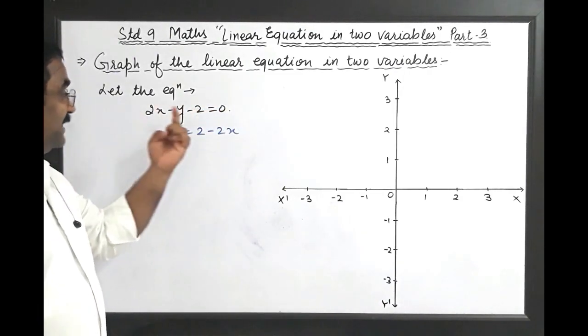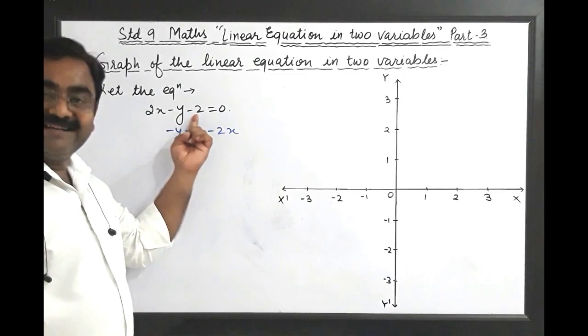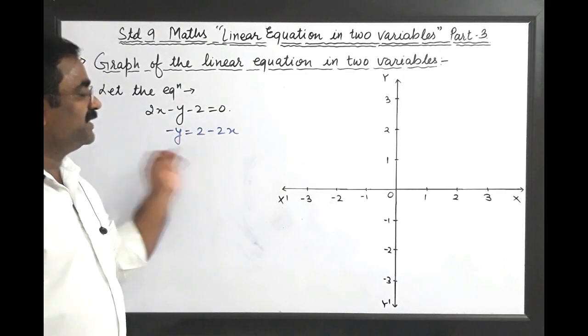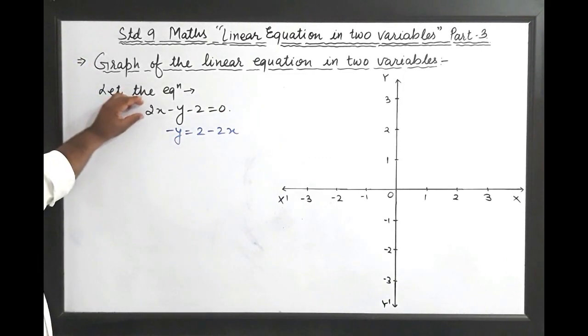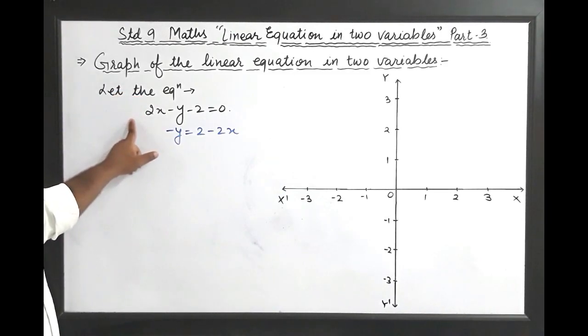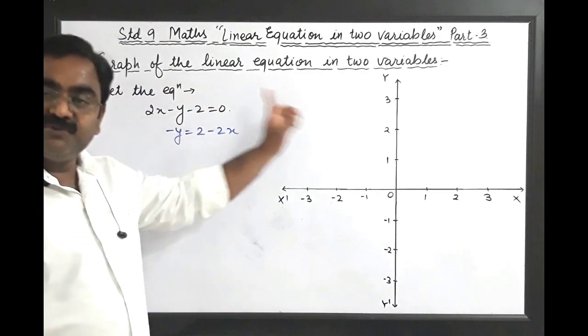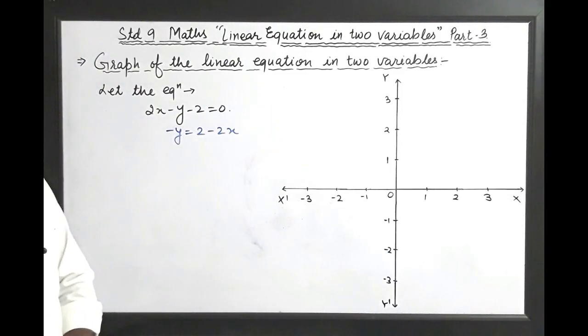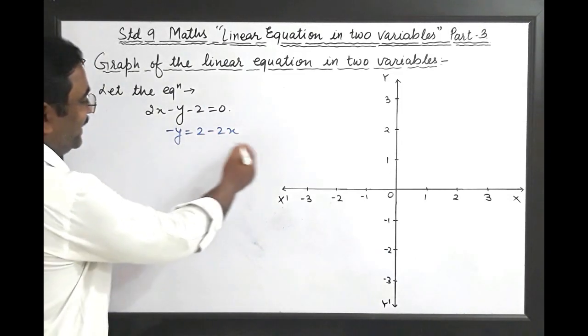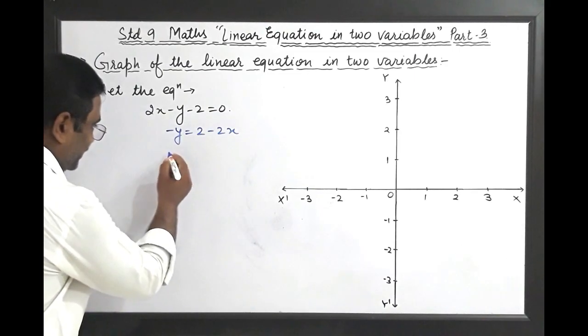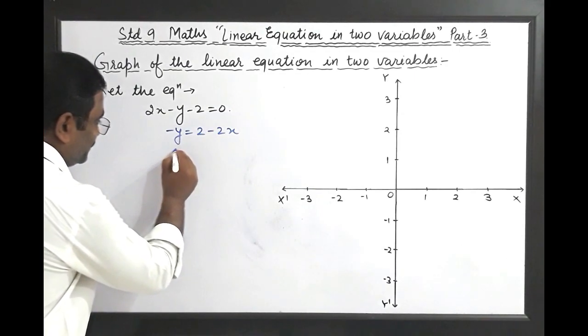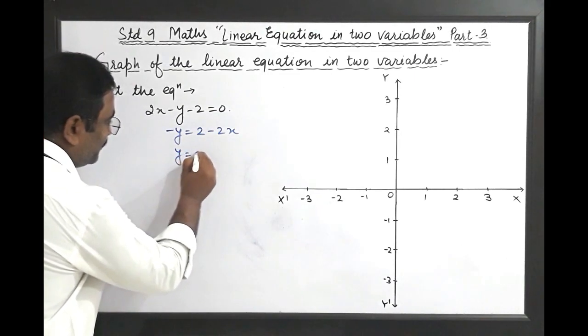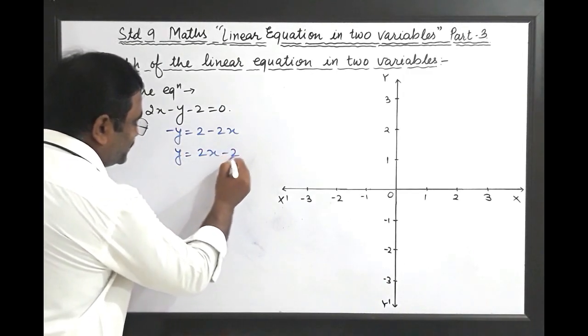So here its sign was minus, there it becomes plus. Now this 2x is positive in the left side. जब हमने इसको ट्रांसपोज किया right side, so हमें क्या मिला? minus 2x. So multiply this equation by the minus, you will get y is equals to 2x minus 2.